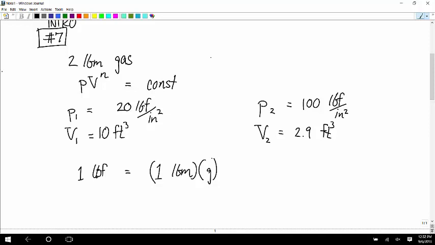Those come out with different answers, no doubt about that. The question is just the ambiguity of what kind of pounds I'm talking about here.